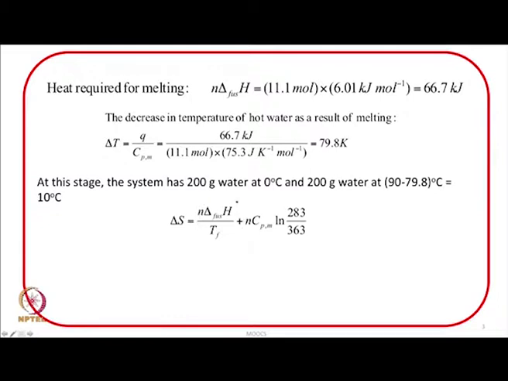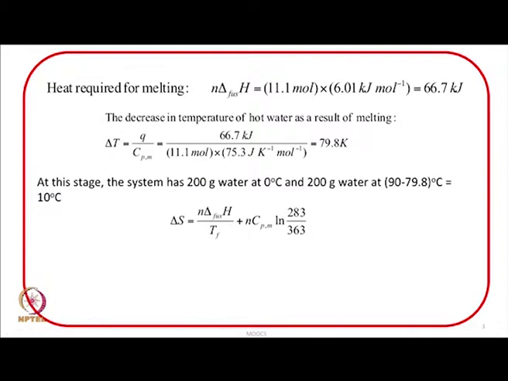Entropy change for the phase transition is equal to enthalpy of fusion divided by the freezing point, that we have discussed many times. This is the entropy change associated with the melting of ice at 0 degrees Celsius.